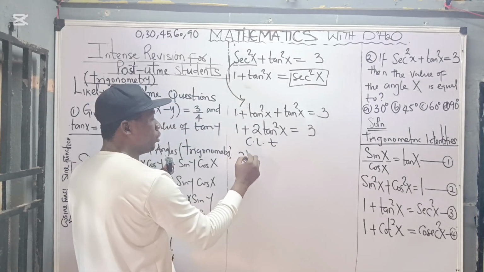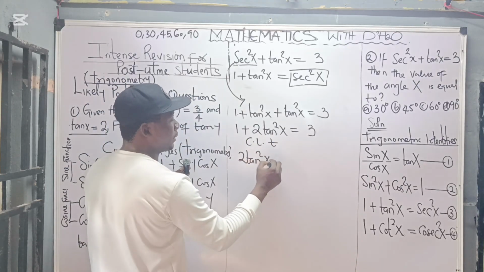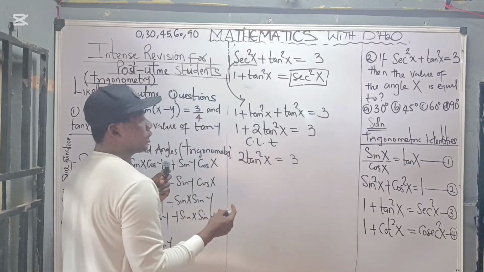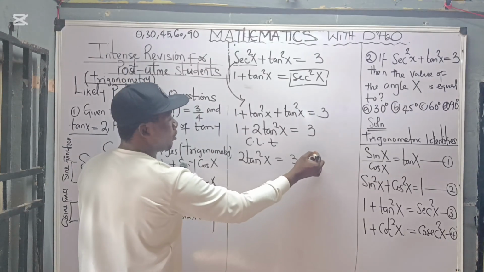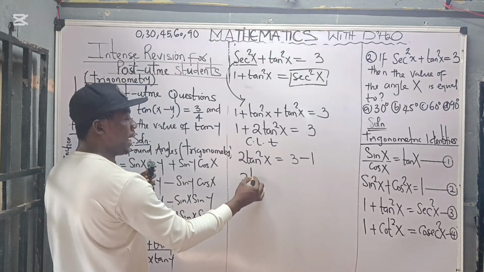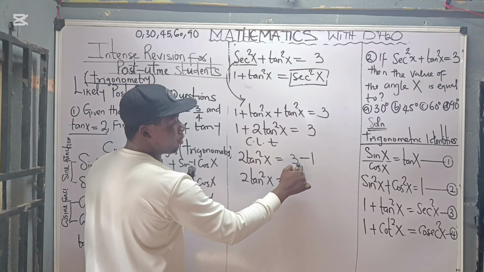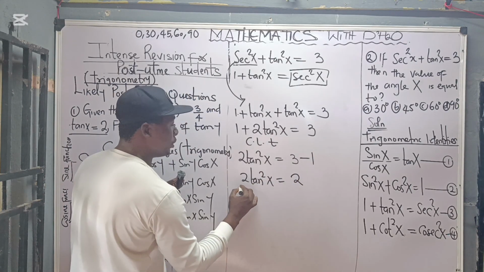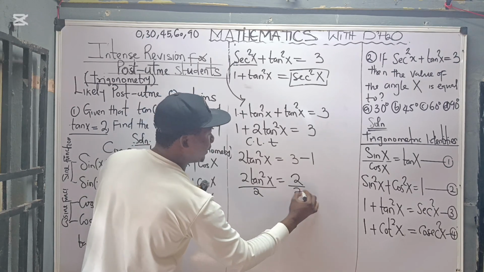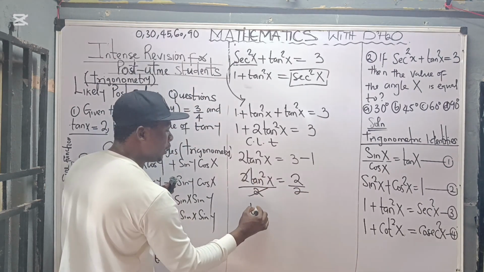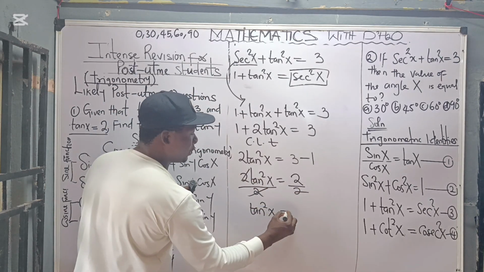Watch carefully, if this 1 comes over, it becomes minus 1. So 2 tan square x equals 3 minus 1, which is what? 2. So we divide both sides by 2. This cancels this. Tan square x is equal to 1.